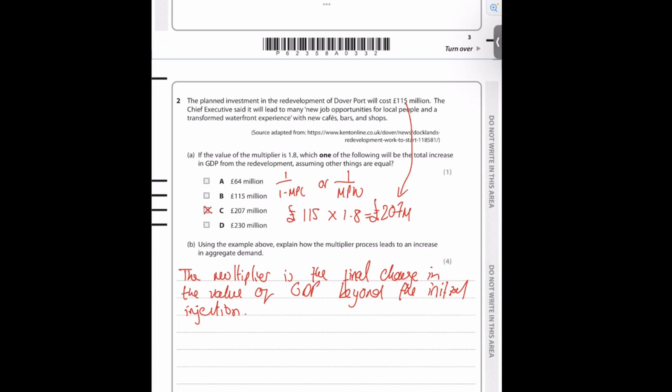And then we need to make sure that we have some kind of application. So we could say the individuals who work in the bars and cafes may spend their income received.